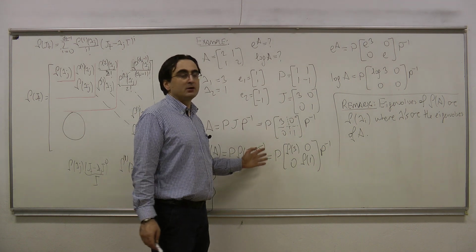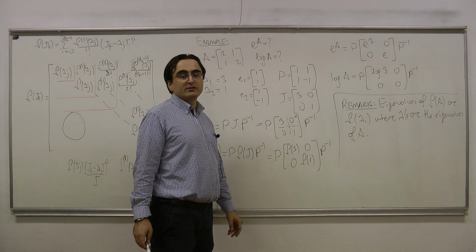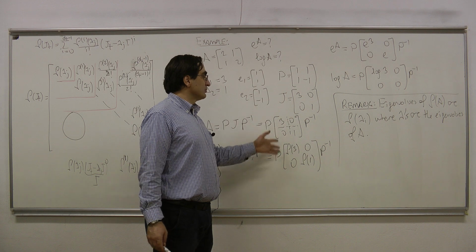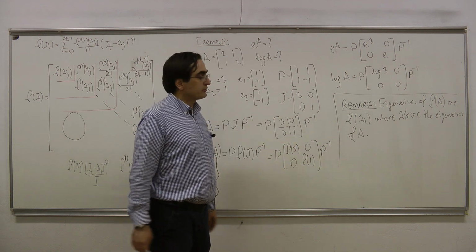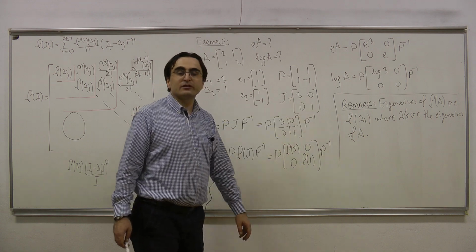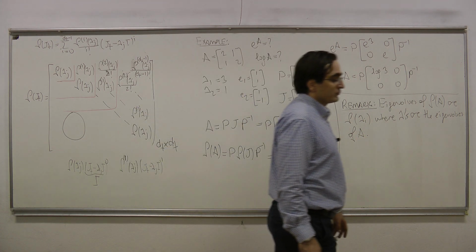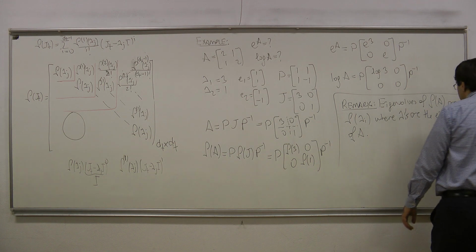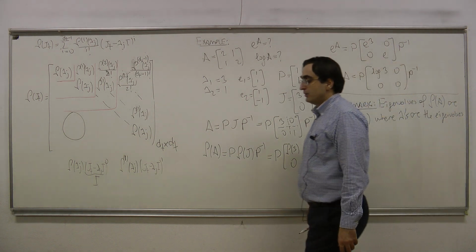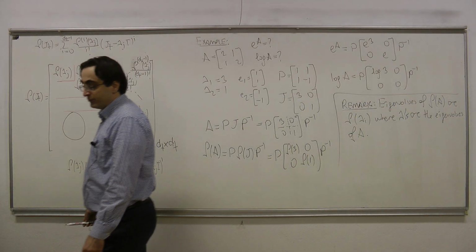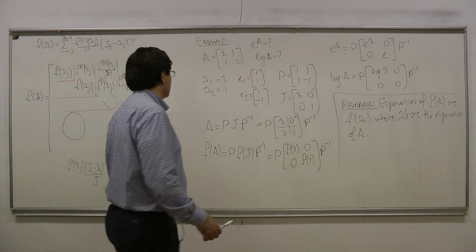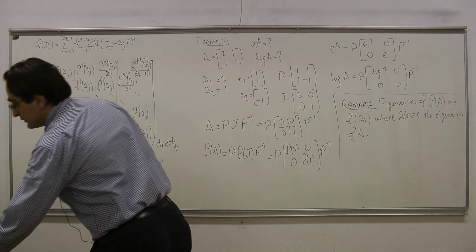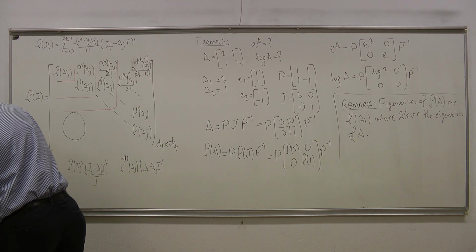In this example, the Jordan canonical form was diagonal. But even when it is not diagonal, when it is upper triangular, the eigenvalues of the matrix F of A would always be the eigenvalues of A, the matrix itself, passing through the function F. Well, this completes this example.